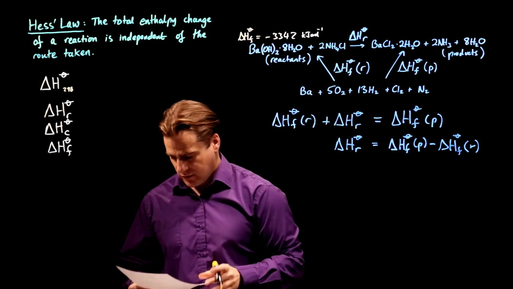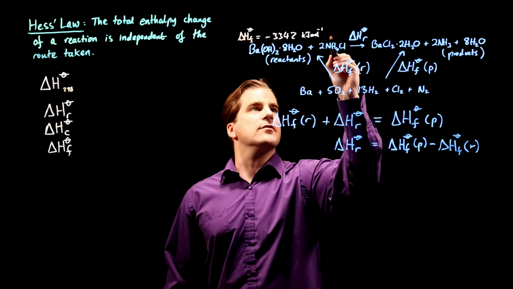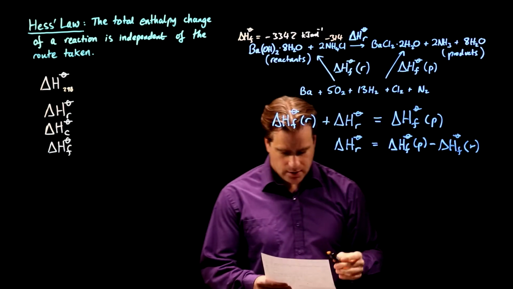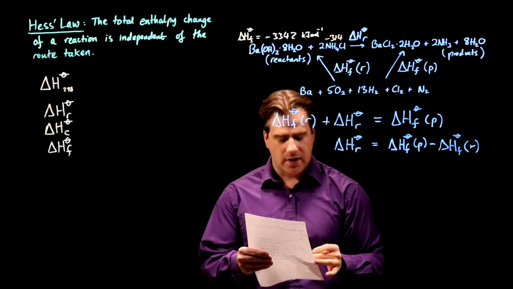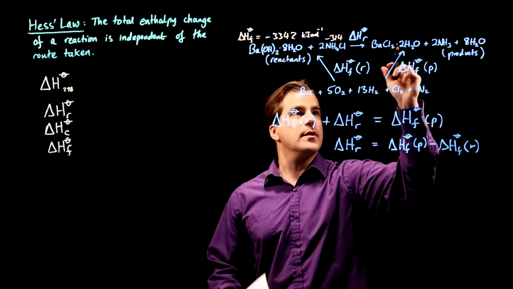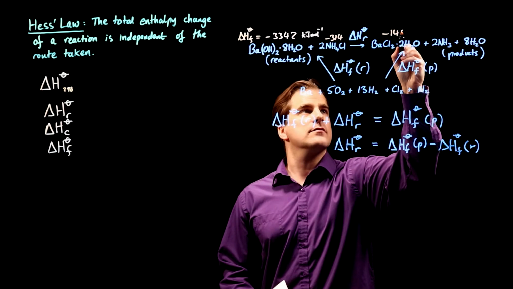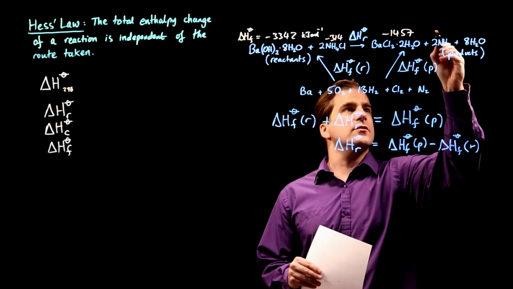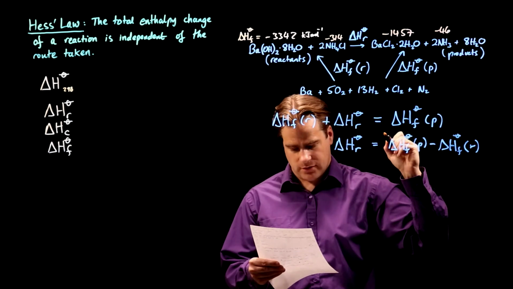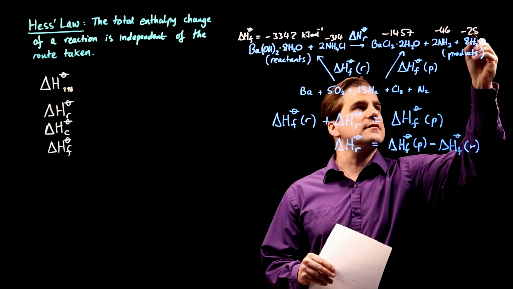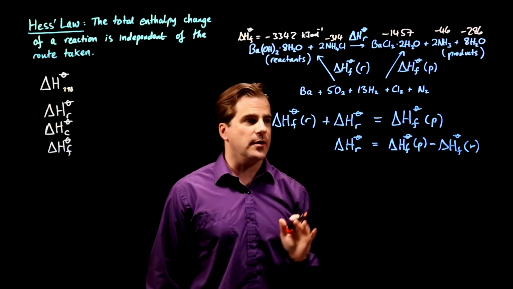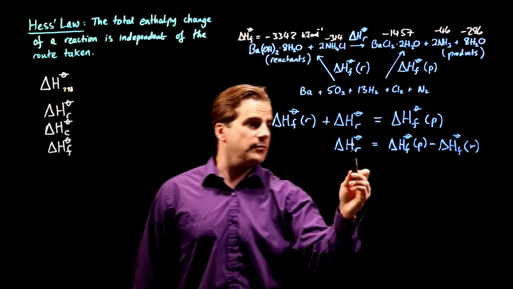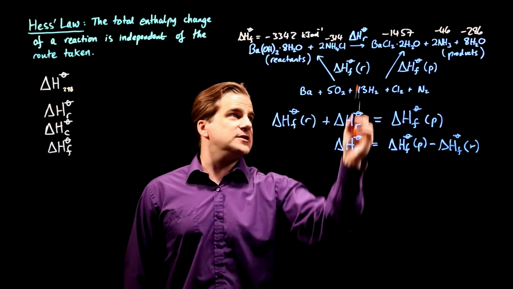For ammonium chloride, it's minus 314. For barium chloride dihydrate, it's minus 1457 kilojoules per mole. For ammonia, it's minus 46. And for water, it's minus 286, all kilojoules per mole. So just put these numbers in here and we'll get the enthalpy change of the reaction.